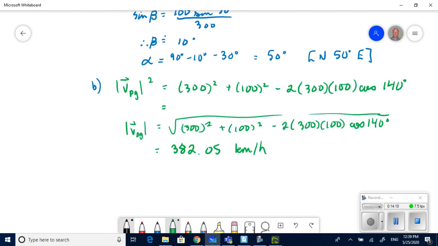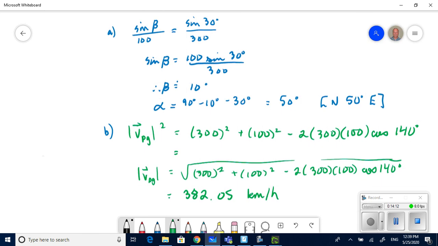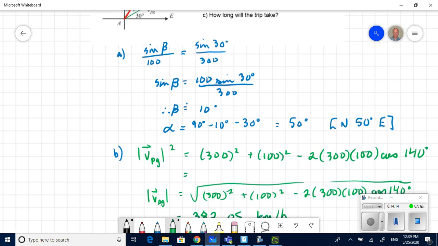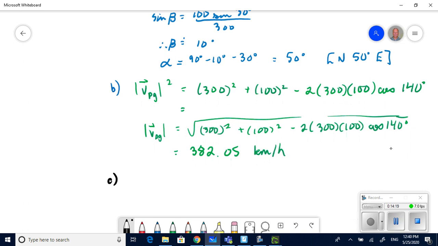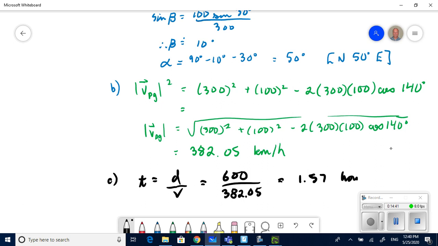Okay, finally, C. How long will the plane take? How long will the trip be? And C is a time question. We learned earlier that I can use a time calculation, and I've got 600 divided by 382.05. I get a time of approximately 1.57 hours.